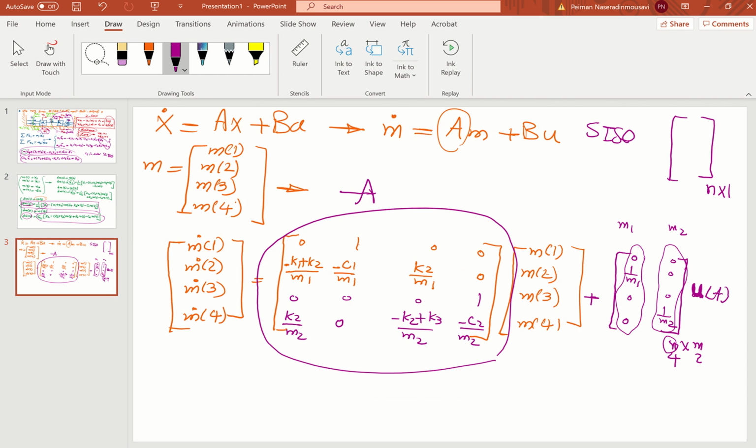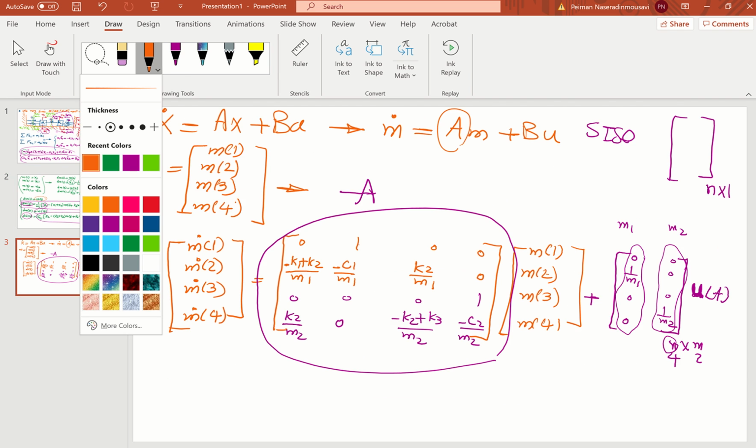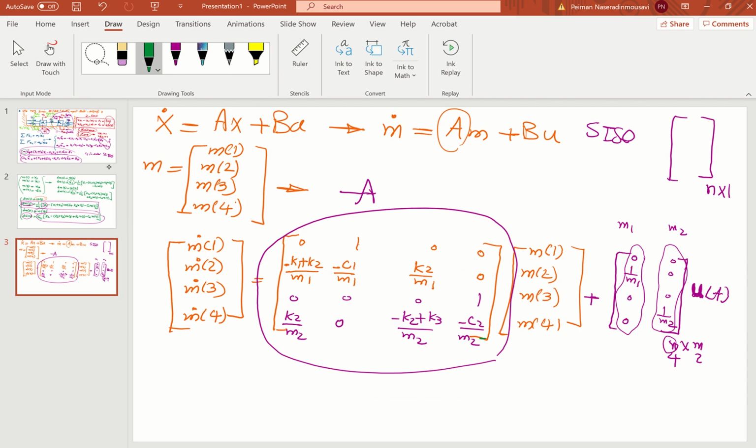Now, let us look at this again. This is not like that, okay? We are not done yet. We are missing some point here, guys. What is that? The point is that this is a 4 by 4 matrix. This is a 4 by 1 matrix. The result gonna be 4 by 1, because our left hand side is 4 by 1.